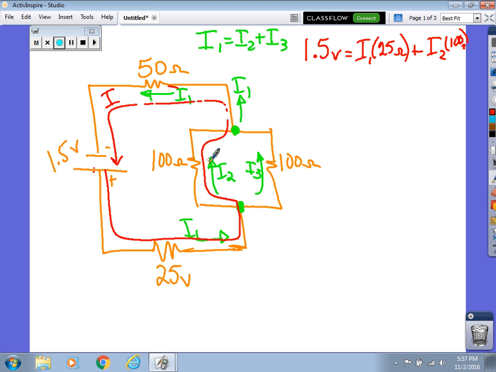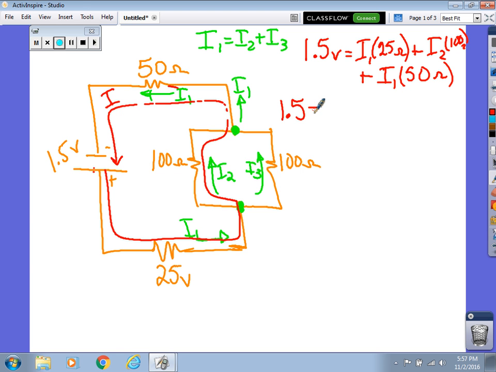I follow my red line around, and I come around to here. So I'm going to say plus I, and remember, these came back together, so that's I1 times 50 ohms. So now I've got my second equation. I'm going to clean it up a little bit and drop my units just so you can see this very quickly.